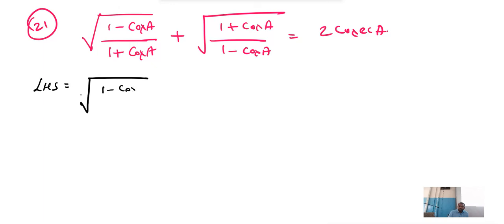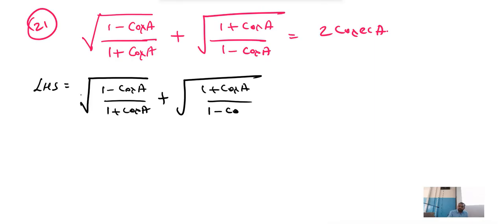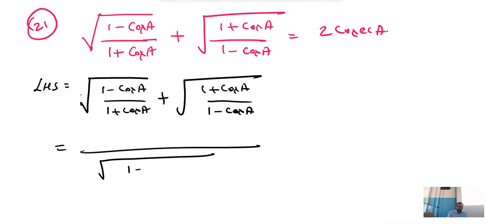LHS: root of 1 minus cos A by 1 plus cos A, plus root of 1 plus cos A by 1 minus cos A. We should take LCM now. Just now I said the root is common for both the sides. 1 plus cos A into 1 minus cos A. Numerator: what happens? 1 plus cos A, 1 plus cos A get cancelled.